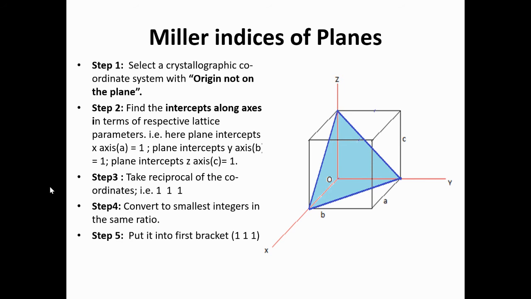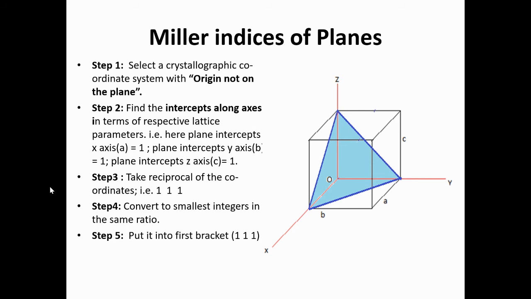In step 4, convert it into the smallest integers, and at last in step 5, put it into the first bracket. In the case of directions, we put it into the square bracket as it is internationally accepted, and likewise in the case of planes we put it into the first bracket.